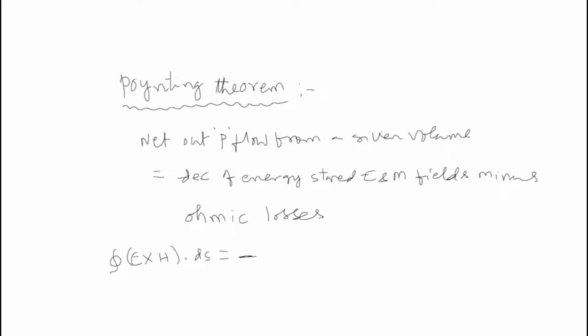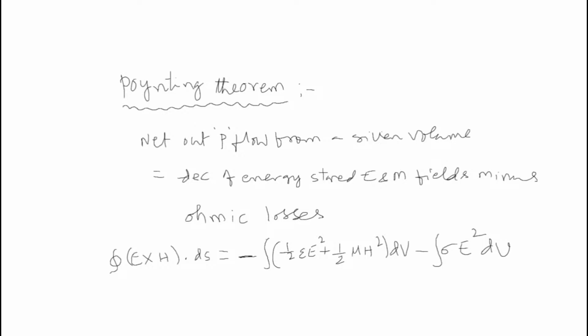The decrement can be represented by minus the integral of 1 by 2 epsilon E square plus 1 by 2 mu H square dV, that is the volume integral of these terms, minus ohmic losses. The ohmic power loss can be represented as the integral of sigma E square dV. So this is the statement of the Poynting theorem and the Poynting theorem in equation form.